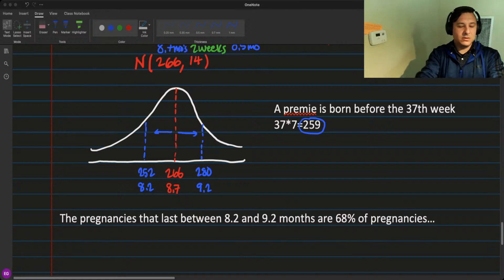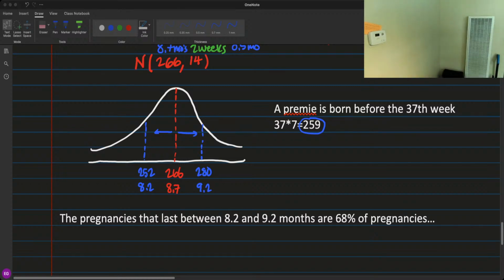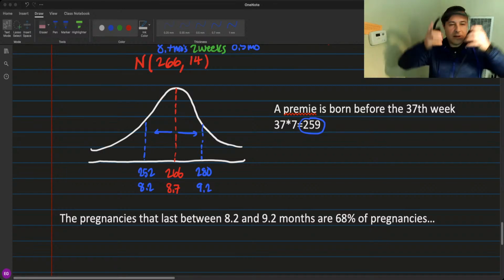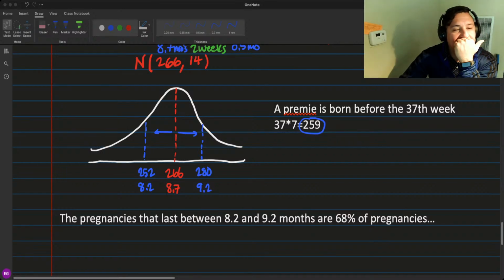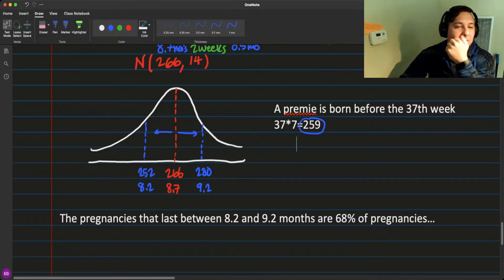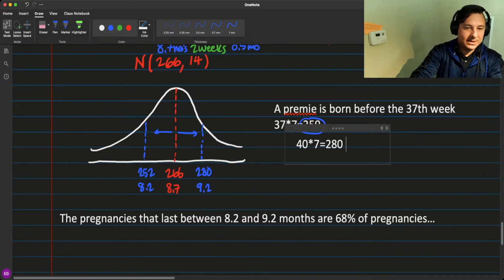Huh. Okay, let me Google this for a second. A preterm birth is birth before the 37th week of pregnancy. Regular pregnancies usually last 40 weeks. And 40 times 7 is 280 days.